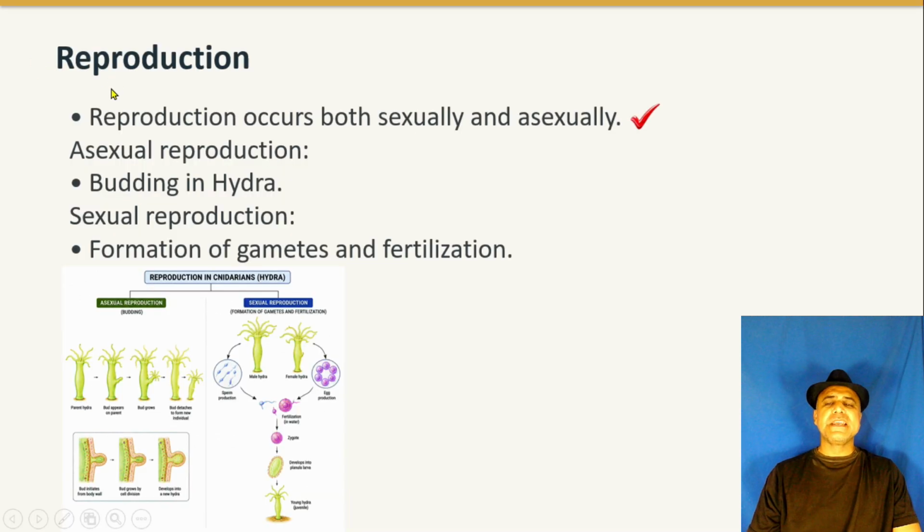Reproduction in Cnidaria. Reproduction occurs both sexually and asexually. Asexual reproduction, budding in hydra. Hydra reproduce asexually by the process of budding. And sexual reproduction involves formation of gametes and fertilization.